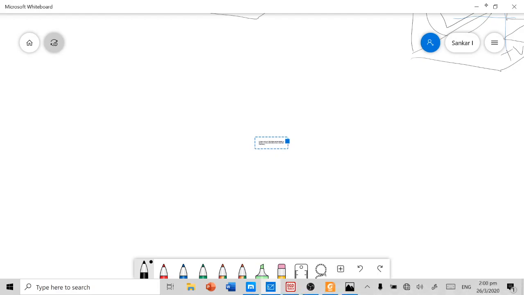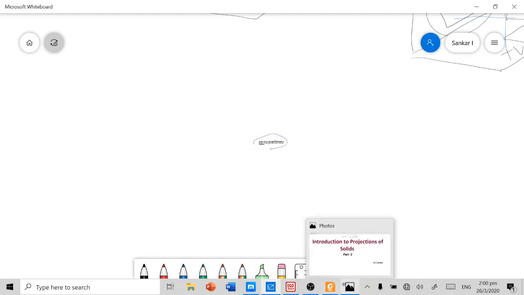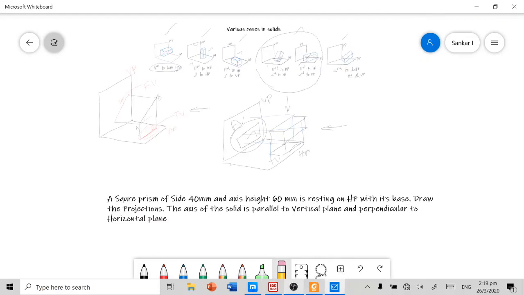Yes, write this problem, students. A square prism of side 40 mm and axis height 60 mm is resting on HP with its base. Draw the projections.